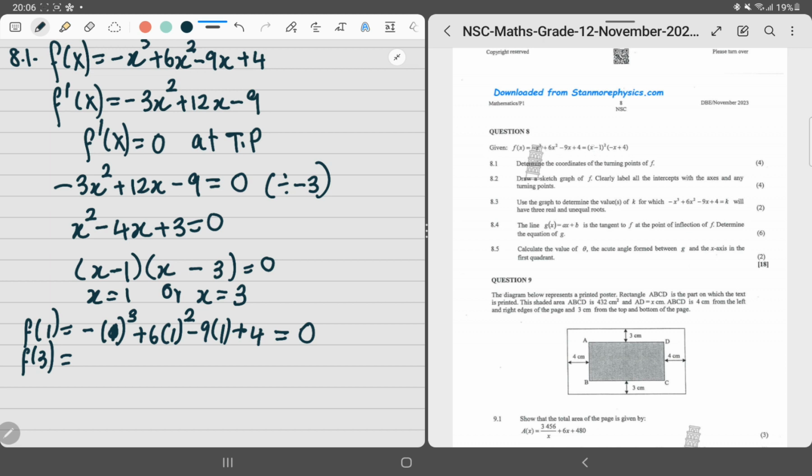If you have a repeated root like that, it means that that is going to be the turning point as well as the x-intercept. Here I'm getting a 4. Therefore, the coordinates of the turning points are (1, 0) and the other one is (3, 4).